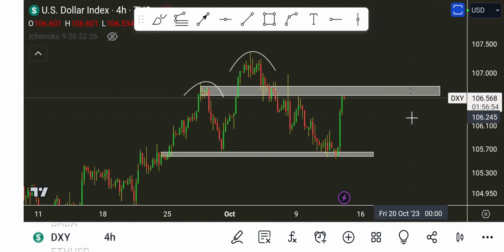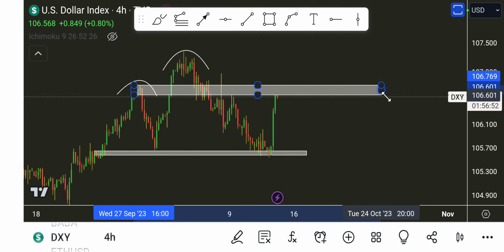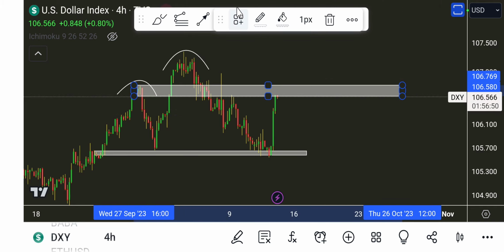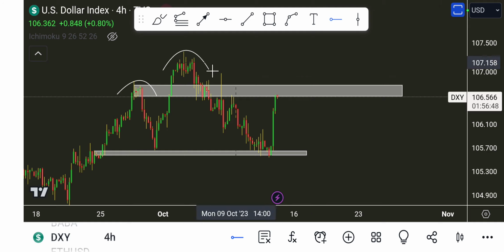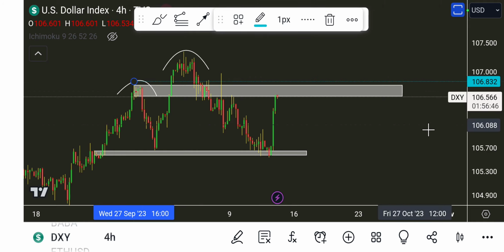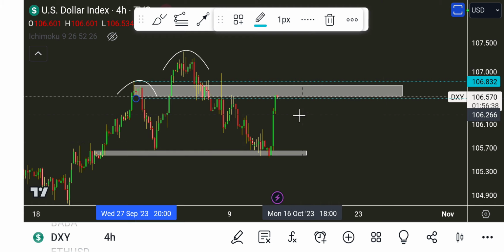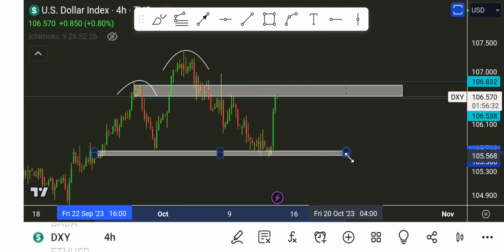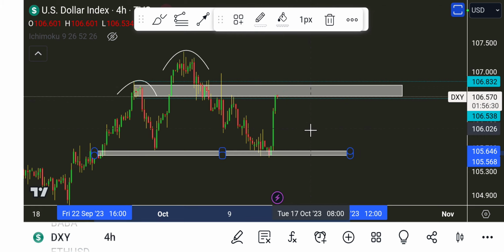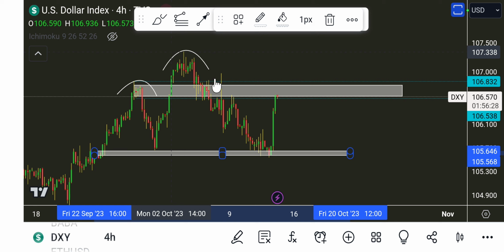So we're looking at a range from, let's say, this high, which is 106.832, down to this level here. So we're looking at maybe a range within this level, consolidate, and maybe push back down to form that right shoulder. This is the left shoulder, the head, and the right shoulder.